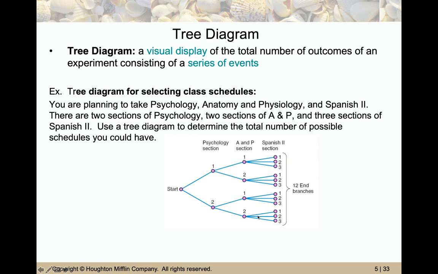No matter which path we've taken so far, we have 3 different options for Spanish 2. So now what you can do is count up how many total paths you've created. So 1, 2, 3, 4, 5, 6, 7, 8, 9, 10, 11, 12, and you have 12 total possibilities.